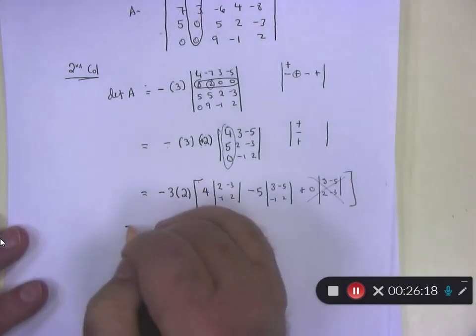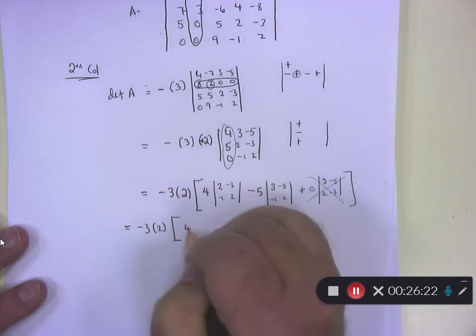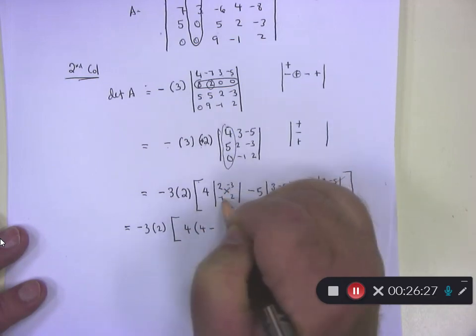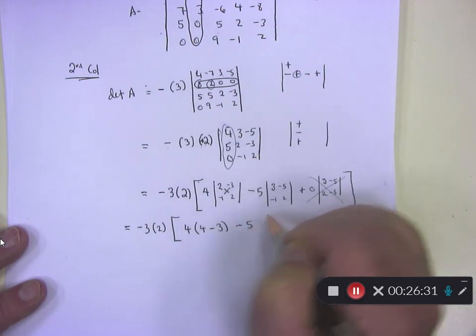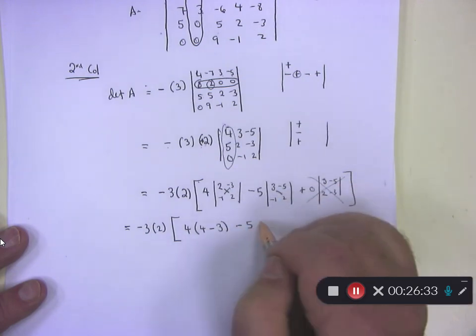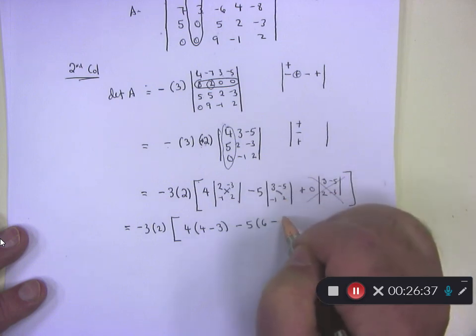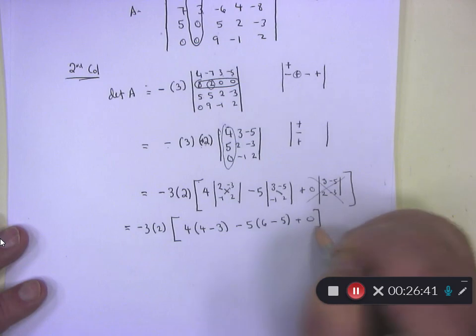So here we go. This is equal to negative 3 times 2 times 4 times 2 times 2 is 4 minus negative 3 times negative 1 is a positive 3. Minus 5 times 3 times 2 is 6 minus negative 5 times 1 is 5, plus 0 there, okay?